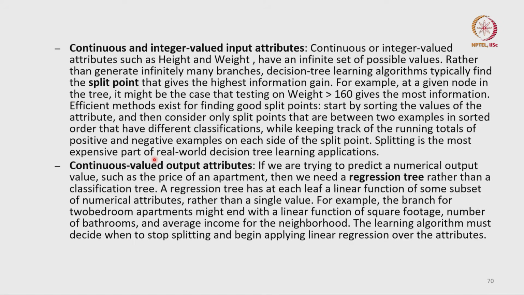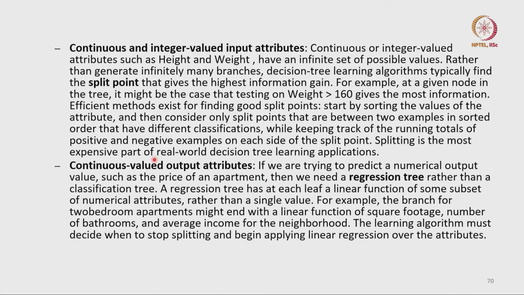And suppose your output is continuous. So what you need is not a classification tree but a regression tree. So a regression tree has at each leaf a linear function of some subset of numerical attributes rather than a single value, right.